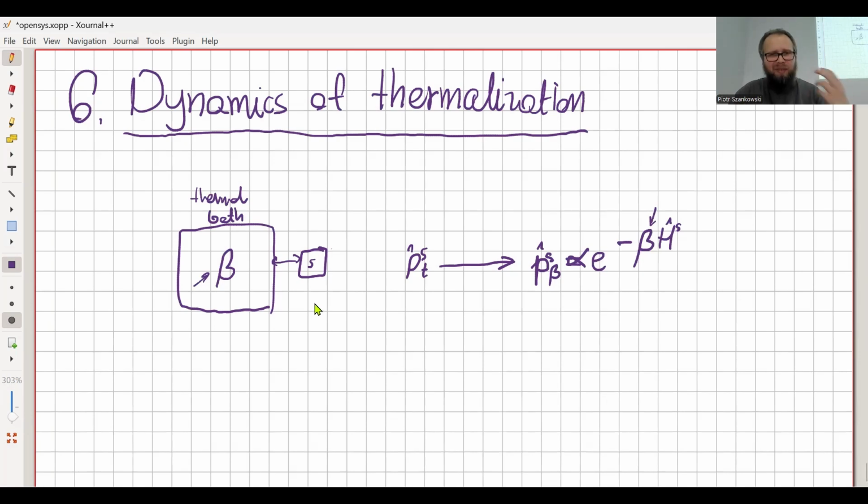Moreover, typically people think of thermalization in the context of weak coupling, and also long evolution time, because you want thermalization to occur when t goes to infinity.